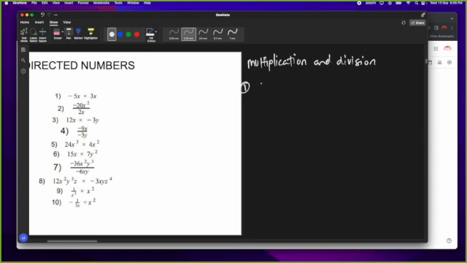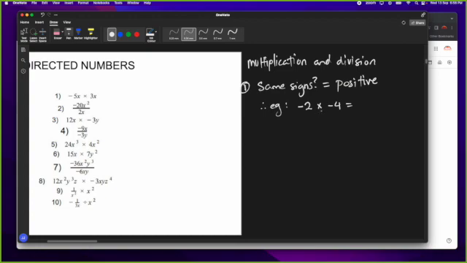Right? If the signs are the same, well, then your answer is going to be positive. So, for example, you have the same signs. Let me just say negative 2 multiplied by negative 4.